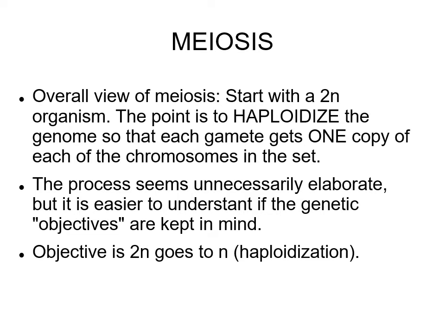So each gamete gets one copy of each chromosome in the set. So the objective is we're going to take 2N chromosomes and haploidize that going down to N. So we're going to start off with 46 chromosomes and end up with 23 of them.